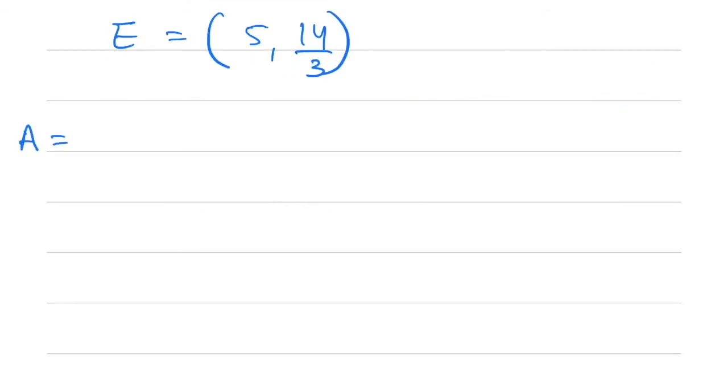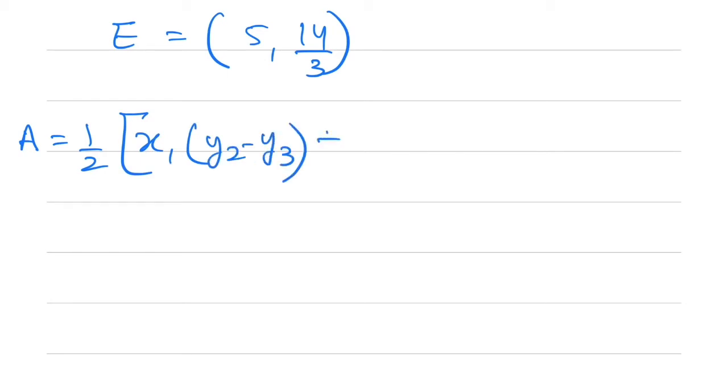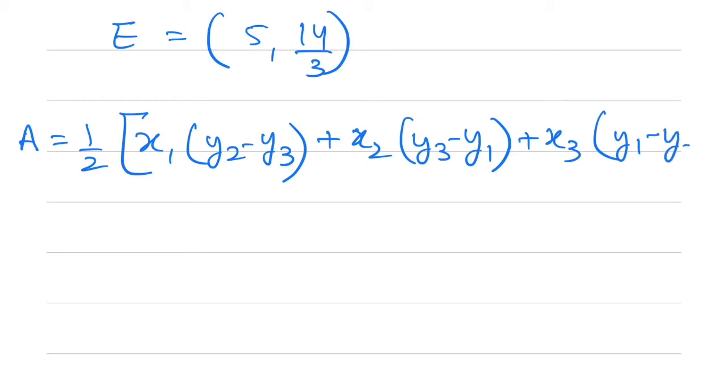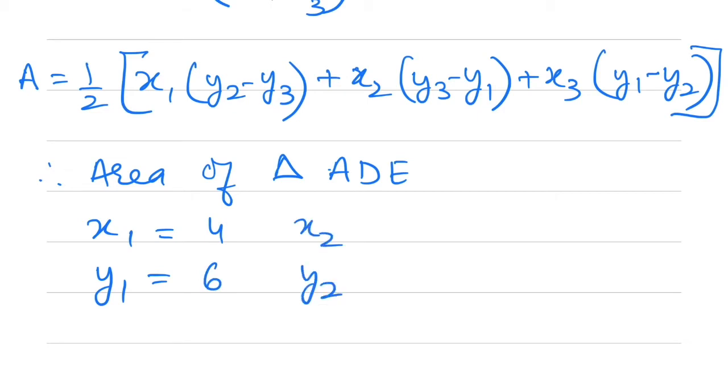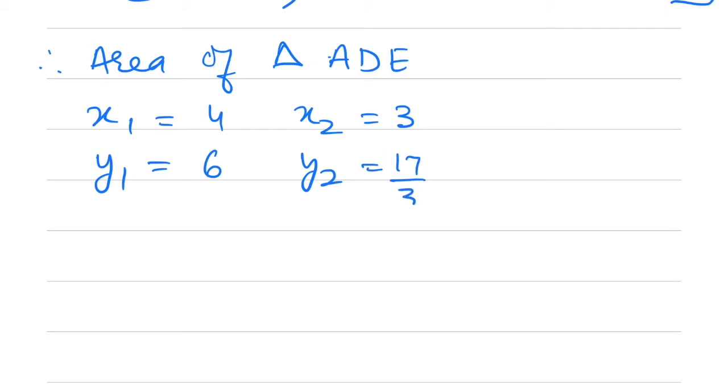Area of the triangle is half into x1 into (y2 minus y3) plus x2 into (y3 minus y1) plus x3 into (y1 minus y2). Area of triangle ADE, we have the coordinates x1, y1 is equal to 4 and 6, x2, y2 is equal to 3 and 17 by 3, then x3, y3 is equal to 5 and 14 by 3.